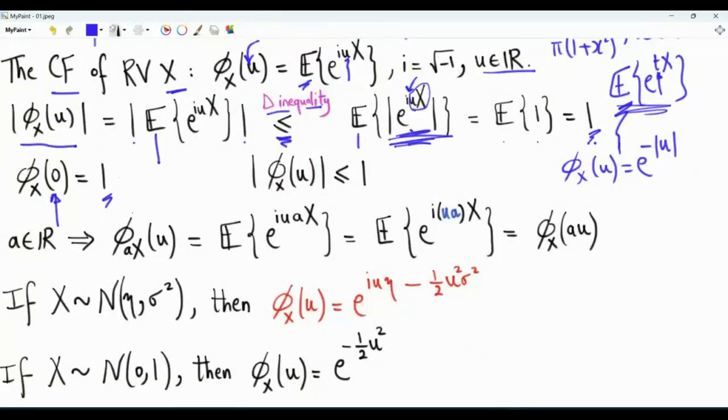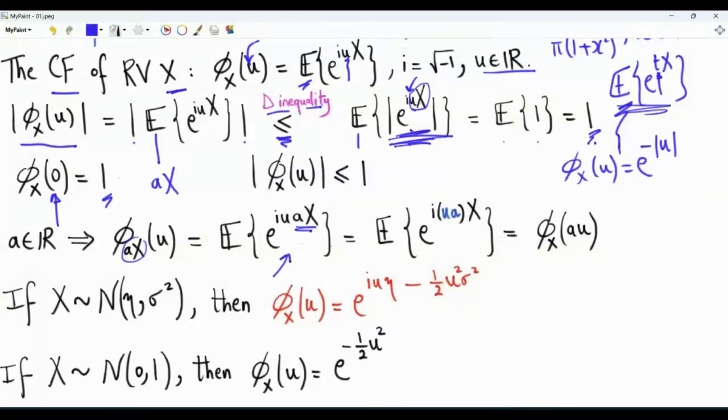What if we want to obtain the characteristic function of a random variable aX, where a is a real number? So we take a random variable, multiply it by a real number a. What is the characteristic function of this random variable? What is phi aX of u? From the definition, this is the expectation of e to the iu, and then our random variable is aX.